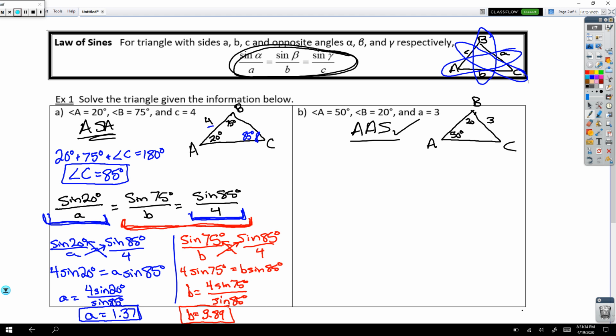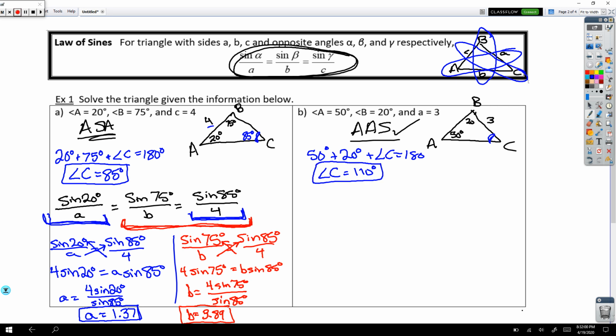So again, case 1, law of sines. So let's first find angle C. Okay, so 50 plus 20 plus angle C equals 180. So that means that angle C has to equal 110 degrees.